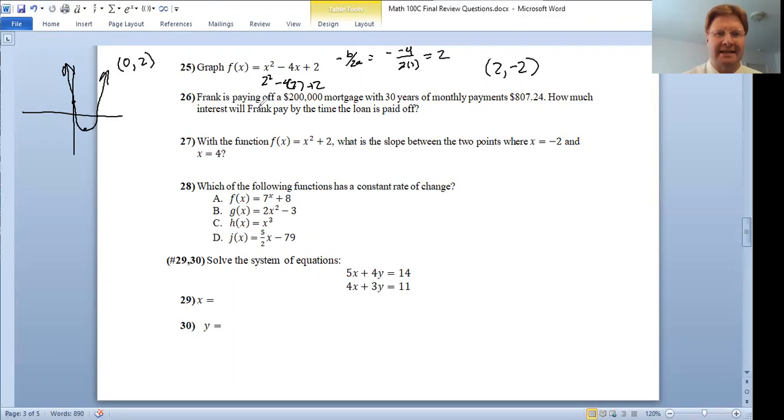Number 26. Frank is paying off a $200,000 mortgage with 30 years of monthly payments for $807.24. How much interest will Frank pay by the time the loan is paid off? Well, again, he's going to be paying $807.24 every month, so times by 12, times by 30 years. 807.24 times 12 times 30 gives us 290,606.4.